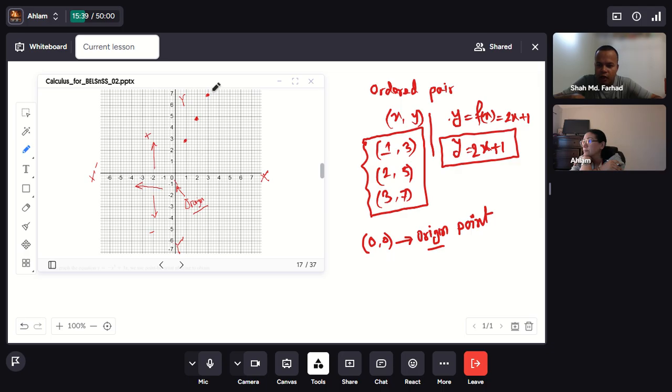Now if we join these points just like this, then we will have a line just like this.